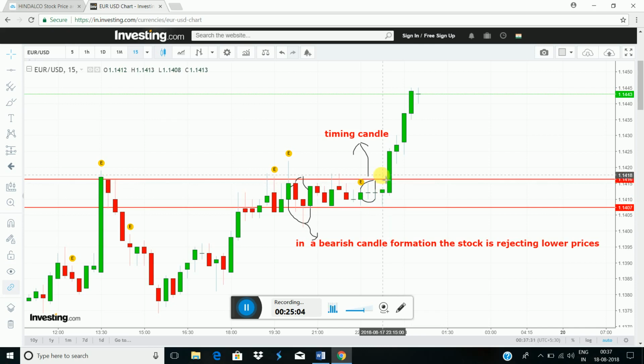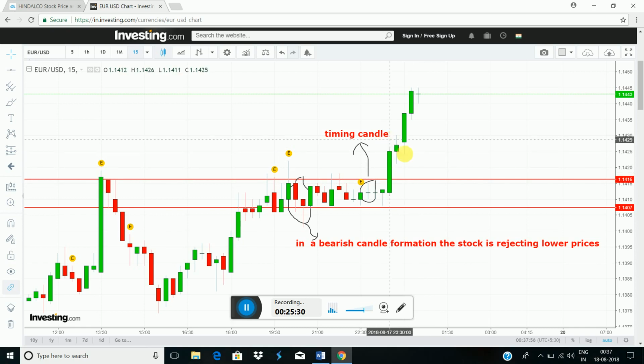Okay, if you are an aggressive trader, you will enter the trade at this particular candle, or if you are a little defensive trader, you will see the momentum of this big candle which broke this resistance in one shot, and before even the completion of this candle you will enter the trade.